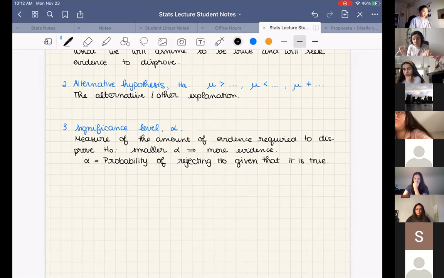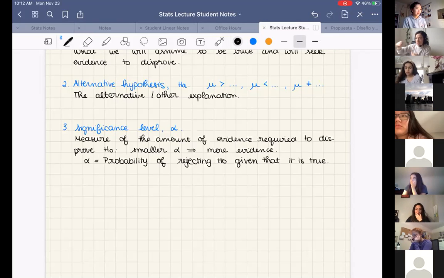Okay, and so if we want to be less likely to make that mistake, that means that we're going to require our results to be more extreme so that the mistake happens less frequently, right? Because if I require more evidence, then I'm going to require more extreme values, which are more unlikely to be caused by random chance, and therefore my results should be a little bit more convincing. Does that make sense?